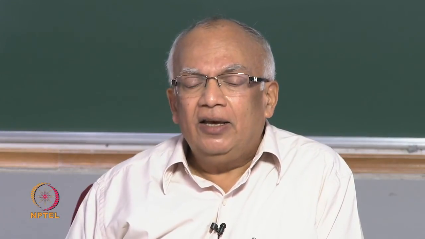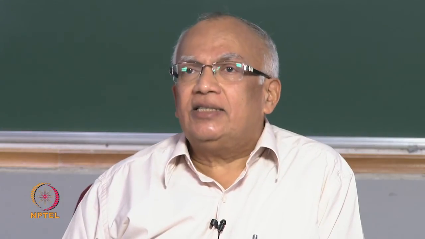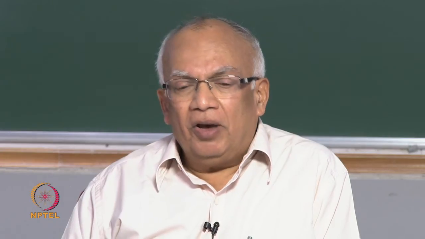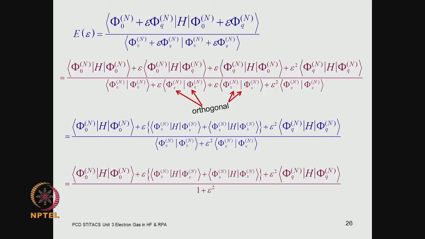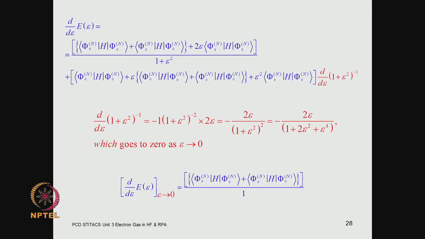Now, what we find is that what minimizes the energy functional is the limit epsilon going to 0. Unless epsilon goes to 0, you do not get a minimum, because the energy functional is capital E, and what we see here is that in the limit epsilon going to 0, this energy functional is a minimum.